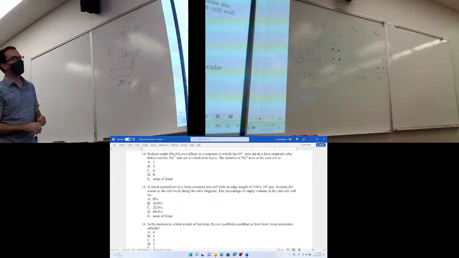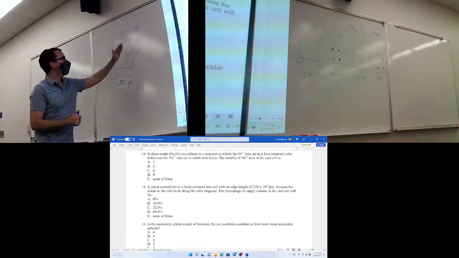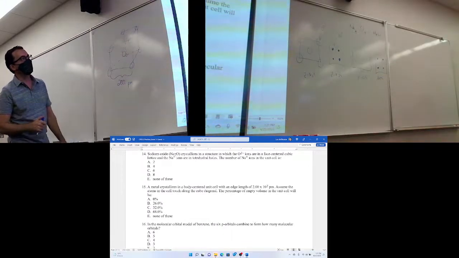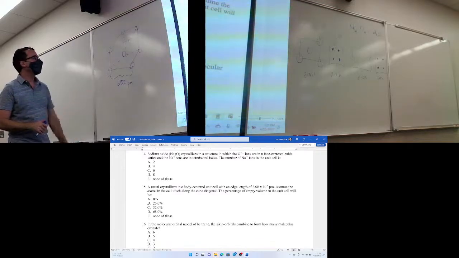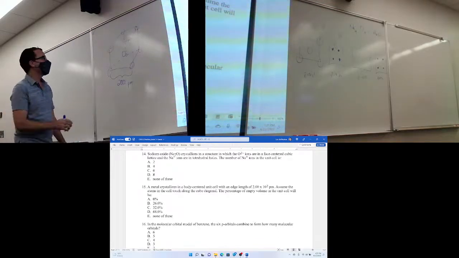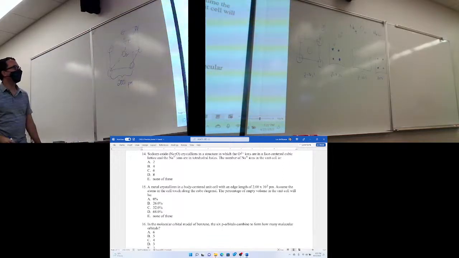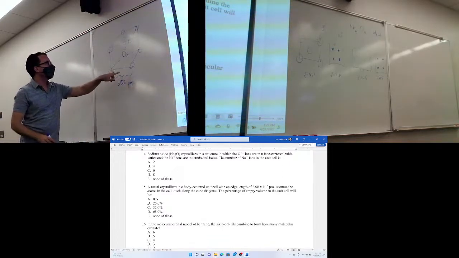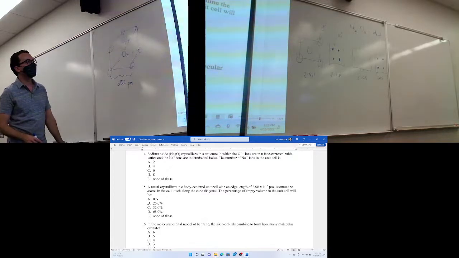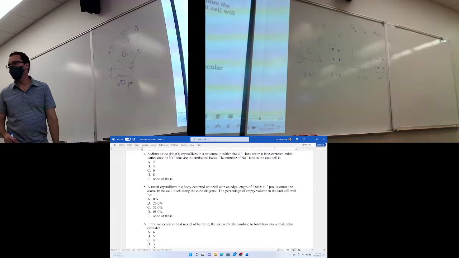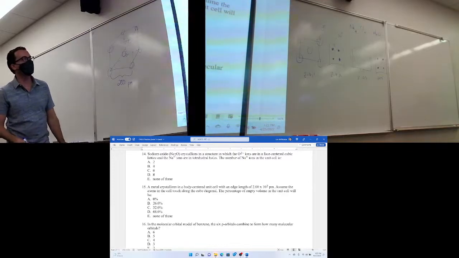Assume the atoms in the cell touch along the cube diagonal. The percentage of empty volume in the unit cell will be. Alright, let's not do this one. This one's too much. It's all geometry. So basically we would have to compute the diagonal, and then from the diagonal get the radius of the atoms, and it would be a big pain, so let's not do that.